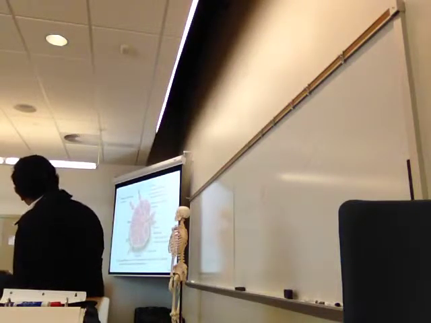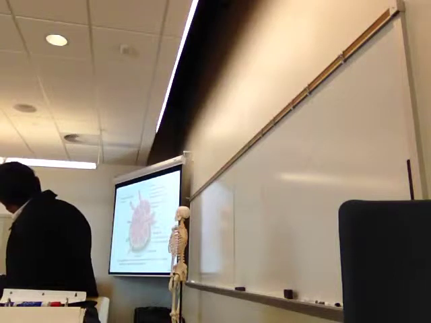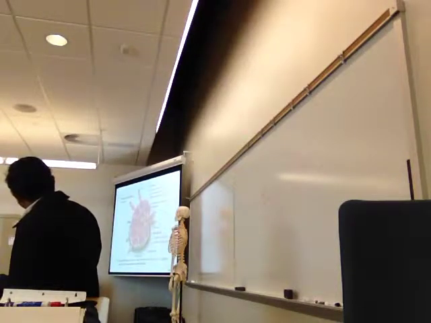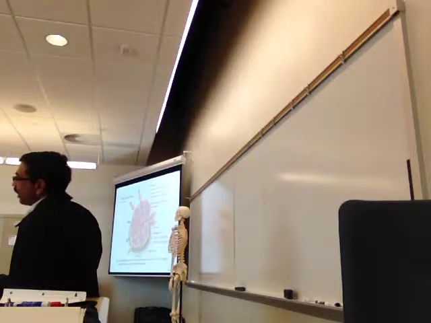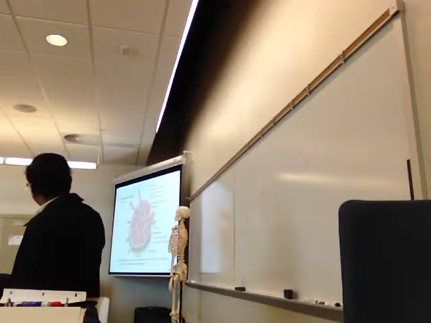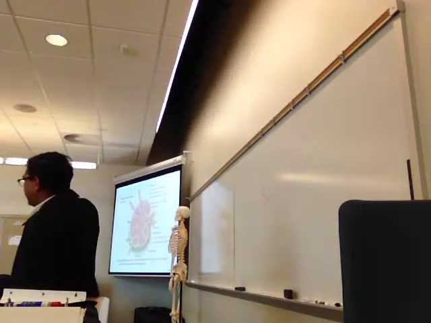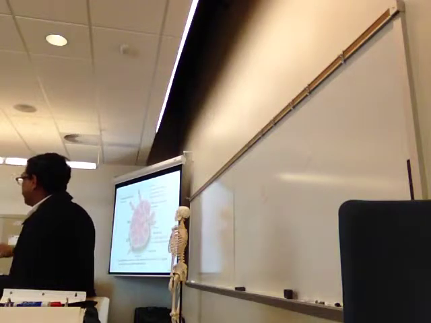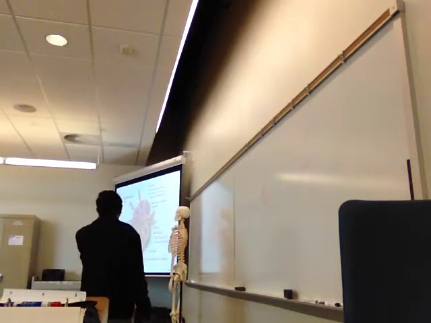Okay. So now another important thing here you see is that some lymphatic vessels are getting in and some lymphatic vessels are getting out. The lymphatic vessels that are getting in are bringing the fluid inside the lymph node.